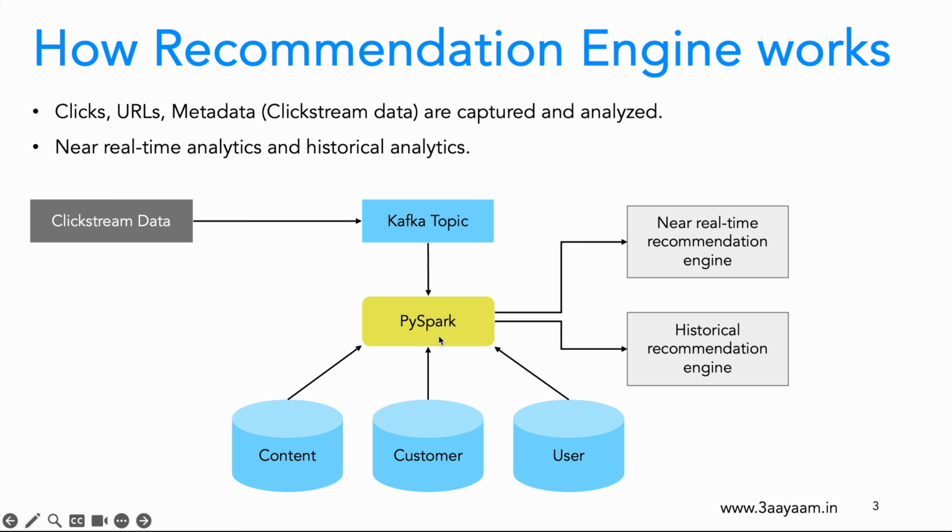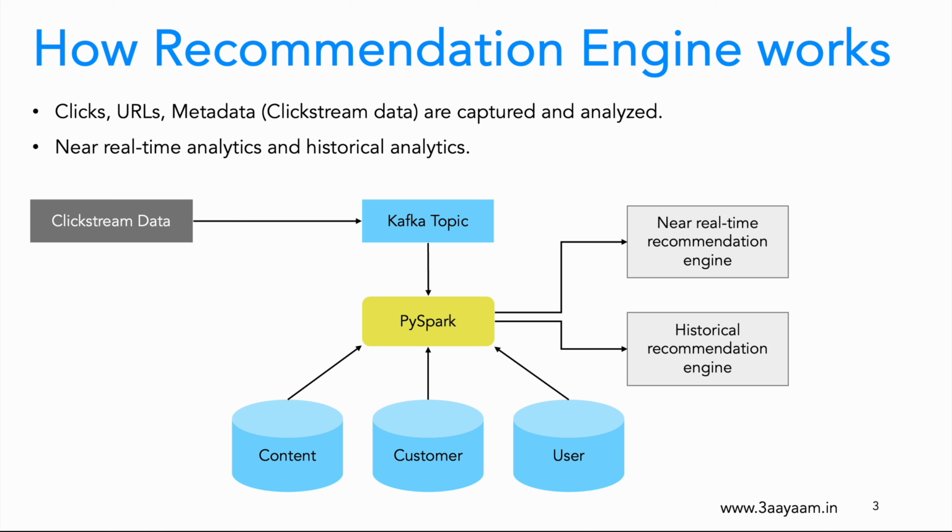Not only that, the Spark application will also get static data from various other static sources, for example content data, customer data, user data, etc. And using all these, the PySpark recommendation engine can create a near real-time recommendation engine or a historical recommendation engine.